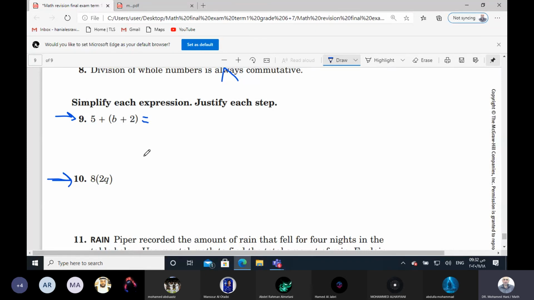The first step here, we want to simplify. We cannot add the variable and the number, so change the place of number 2. So the first step, we can write 5 plus 2 plus 3.